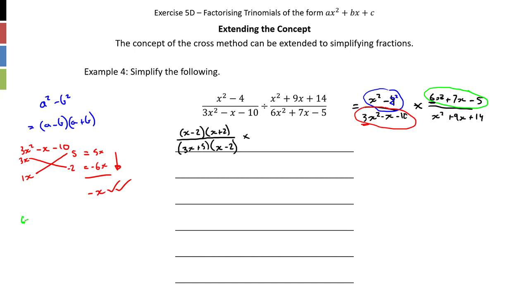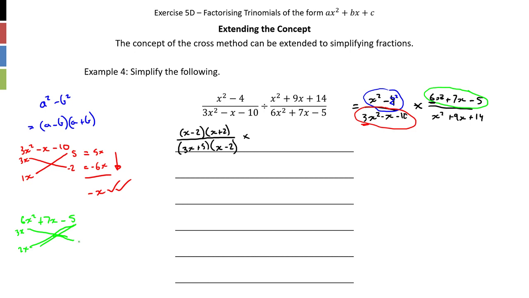So let's do that. 6x squared plus 7x minus 5. Draw my cross. Variable cross. Factors of 6x squared. I'm going to try 3x and 2x. I have 5, so it's going to be a 5 and a 1.